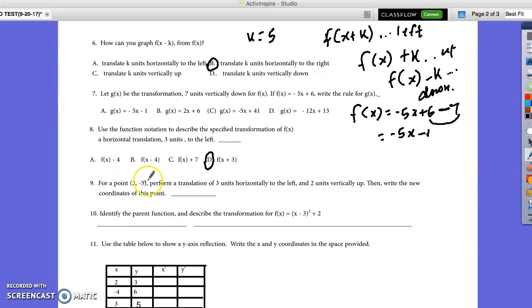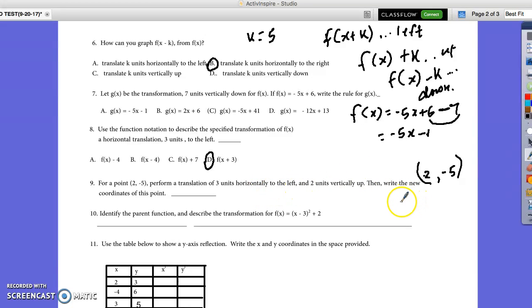Number 9. For the point, well, this one, I trust you know this one. For the point 2, 5, perform the translation 3 units horizontally to the left, 2 units vertically up. So, in a case like this, you're not using any f of x or anything like this. So, if we say 3 units to the left, here's what you do.